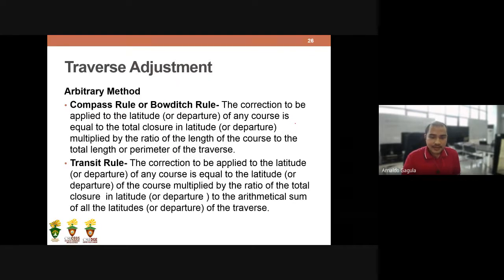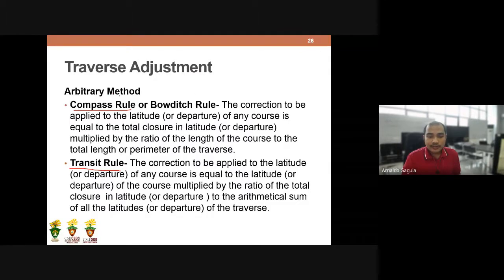And when adjusting a traverse, there are many methods that we can utilize. We have the compass rule and the transit rule. Now, the compass rule or Bowditch rule: the correction to be applied to the latitude or departure of any course is equal to the total closure in latitude or departure multiplied by the ratio of the length of the course to the total length or perimeter of the traverse.